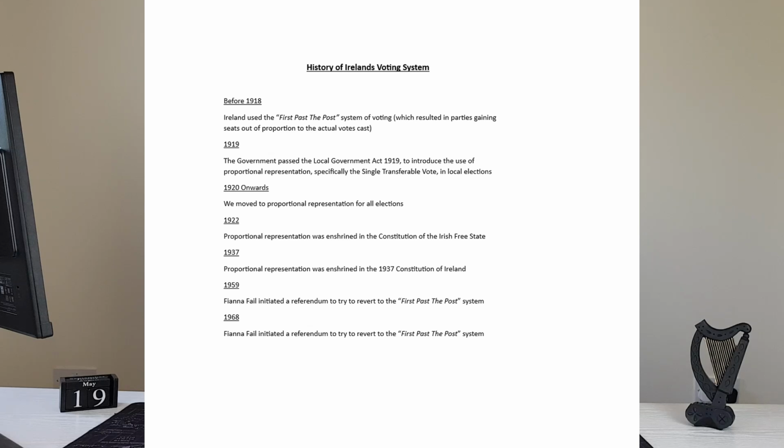But in or about 1920, we moved to proportional representation, with this system of voting being enshrined in the Constitution of the Irish Free State in 1922 and thereafter enshrined in the Constitution in 1937. Since proportional representation voting was introduced in Ireland, Fianna Fáil have initiated referendums on two separate occasions in 1959 and 1968, both of which were defeated, to try and revert back to the first past the post system.